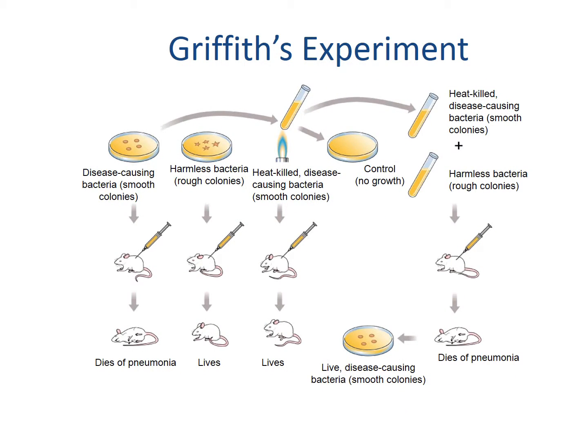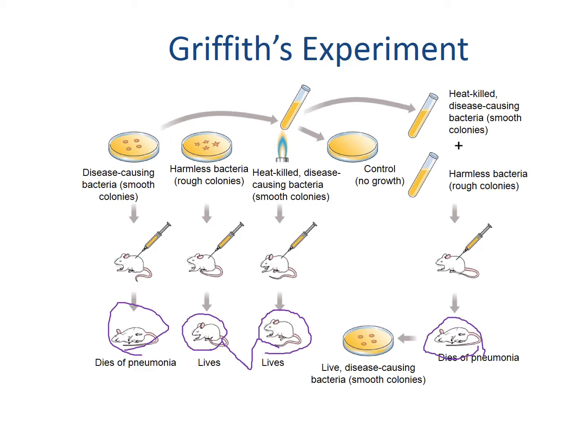This picture just demonstrates the 4 groups. The first group, we inject the S and it dies. The second group, we inject the R and it lives. The third group was the heat-killed S, and when we put those in the mice, they lived. So when we combine the bacteria from these two and put it in another mouse, that mouse died of pneumonia.